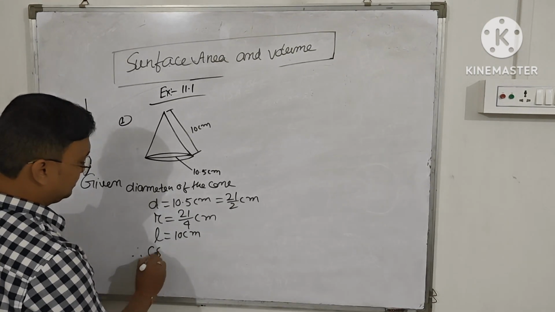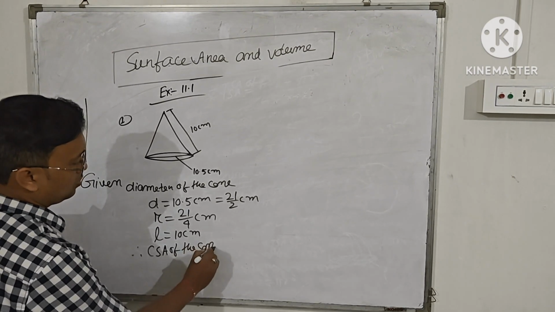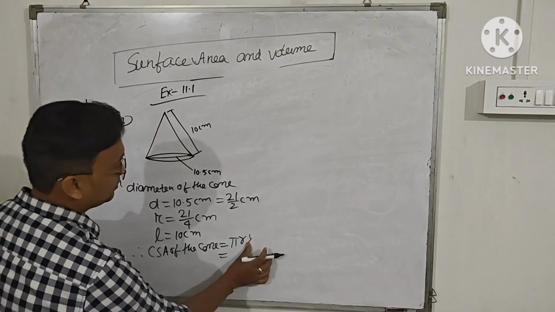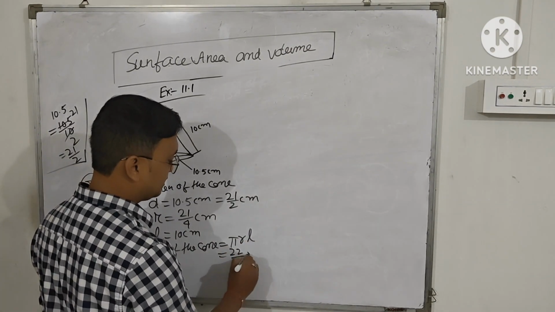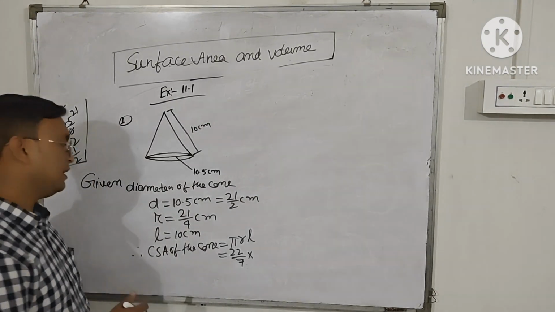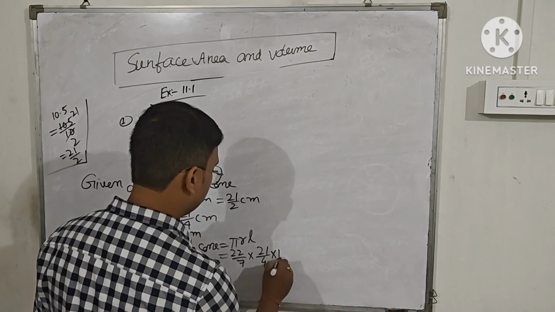Therefore CSA of the cone, what is CSA? Pi r l. If pi value is not given, consider it as 22 by 7. If it is given as 3.14, then you have to take that value. 21 by 4 into 10.